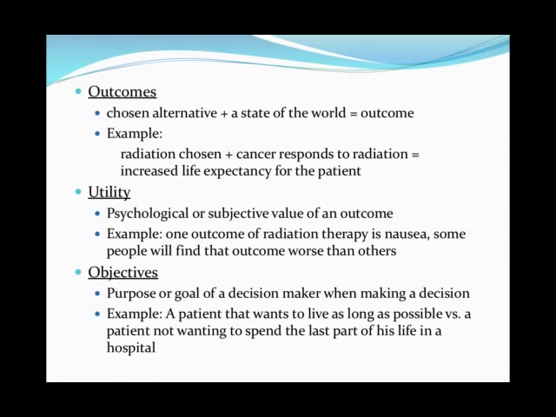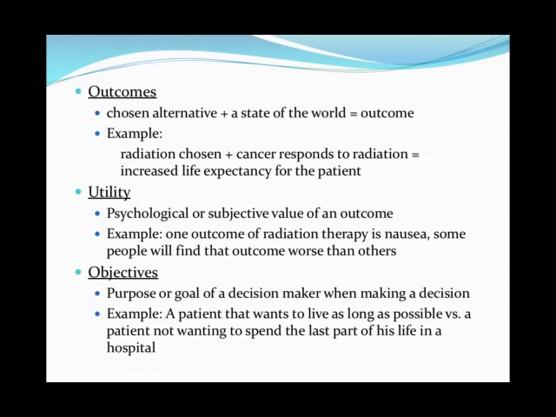An example of utility would be that one outcome of radiation is nausea. When people get radiation, they can sometimes get nausea. That's one possible outcome, but some people will find that outcome worse than others. Some people are going to feel like, oh, this nausea is affecting my life so much.